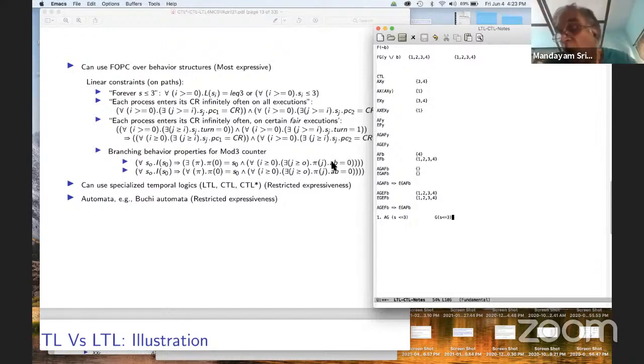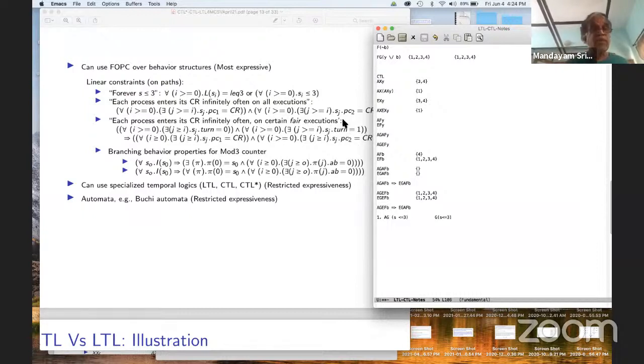Although in LTL the behavior is viewed as a set of traces, when you ask whether all linear behaviors generated by this model satisfy this, these two are equivalent, right? Model checking the CTL formula is the same as checking this LTL formula. That is what I want you to understand. If you have any doubts there, you have to ask me. Okay, so that's fine.